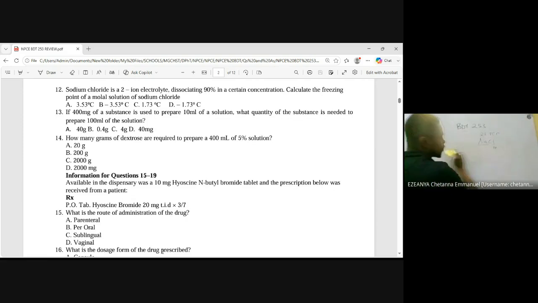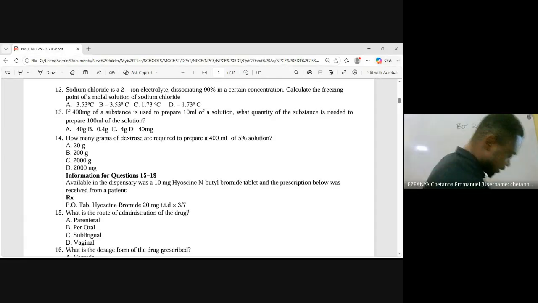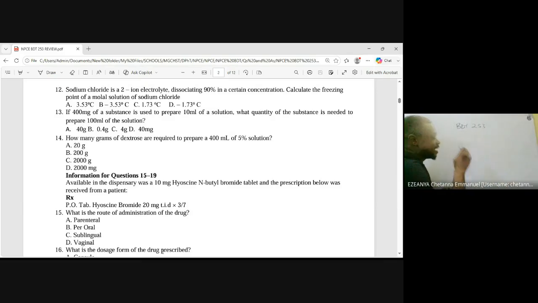Now, in freezing point depression, a molar solution of different solutes, each of them, depresses the freezing point of water by 1.86 degrees Celsius.